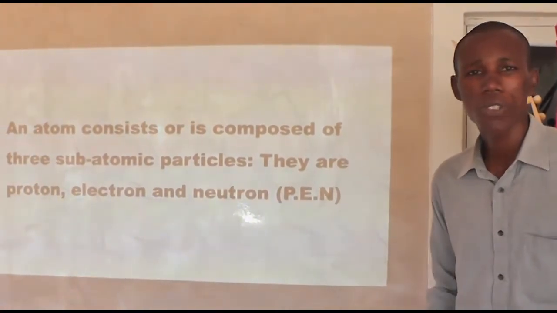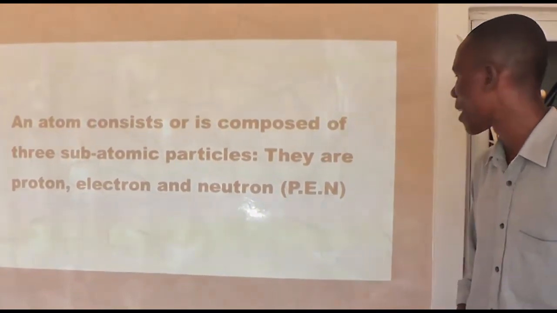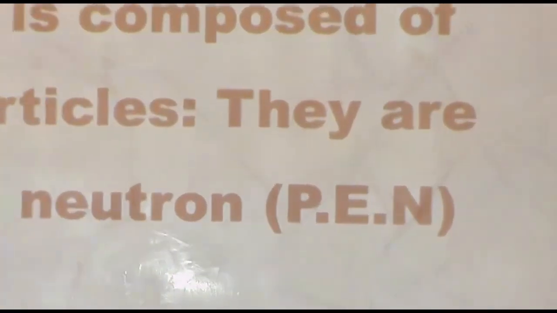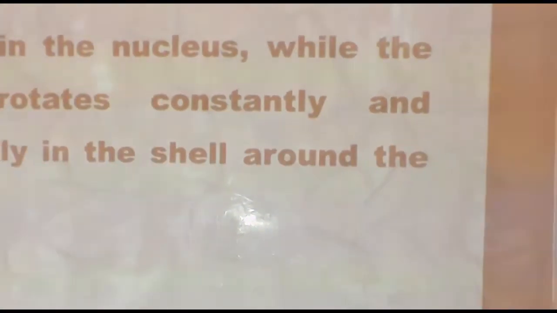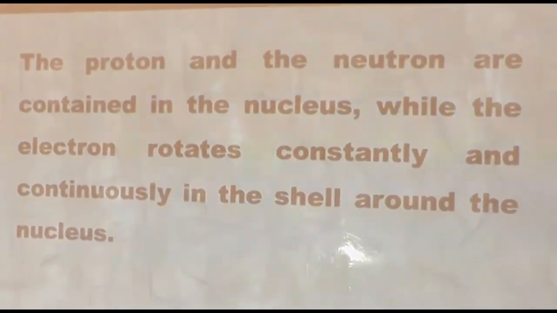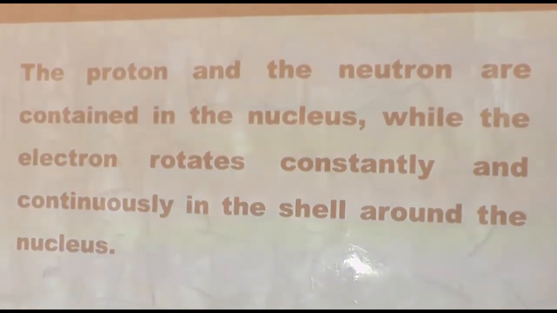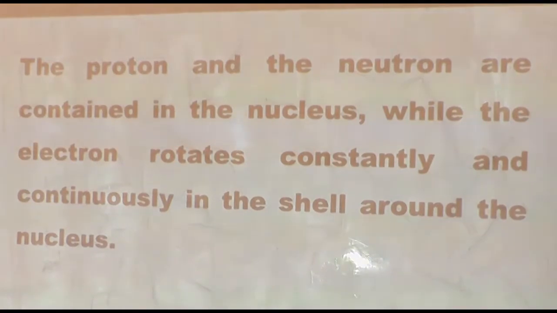It could be protons, electrons, and neutrons, shortly abbreviated as PEN, where P is proton, E is electron, and N is neutron. The proton and the neutron are contained inside the nucleus, while the electron rotates constantly and continuously on the shell around the nucleus.